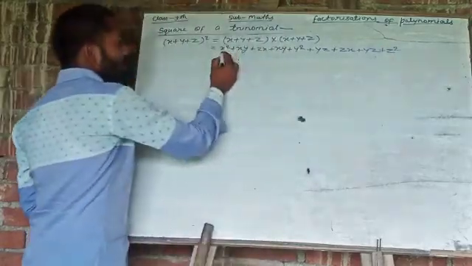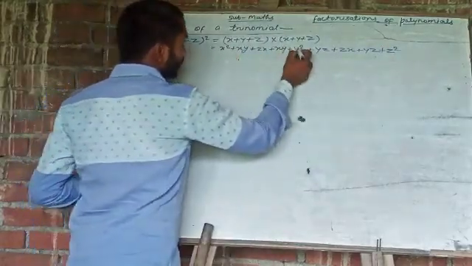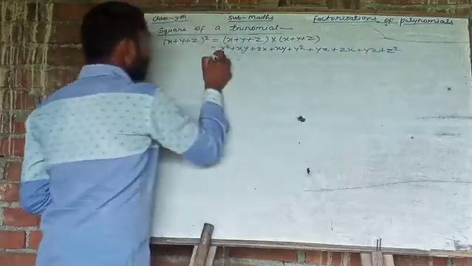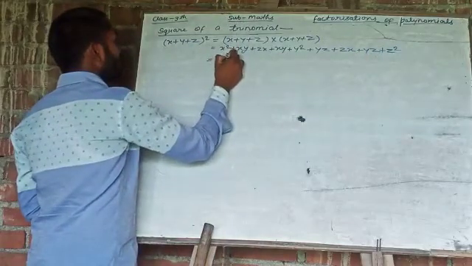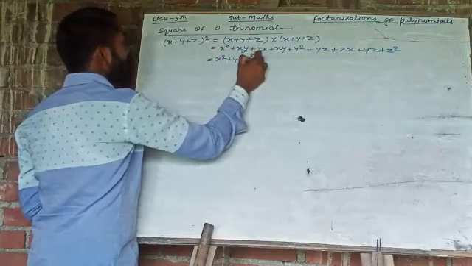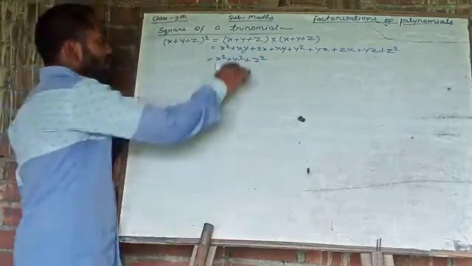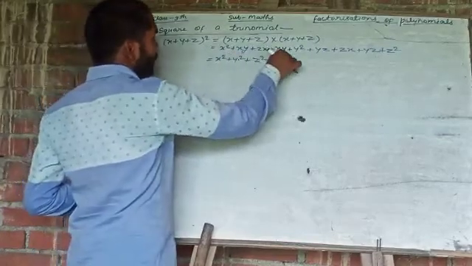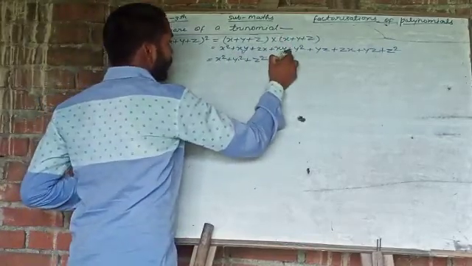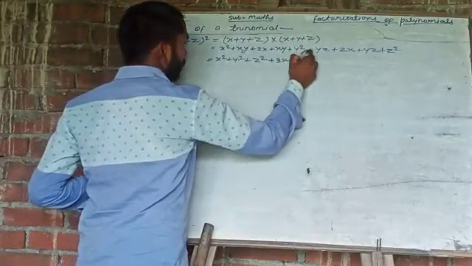Now you can see here it is x square, here it is y square, and here it is z square. So it will be x square plus y square plus z square. Now you can see here it is 1 xy and here it is another 1 xy, so it will be 2xy.